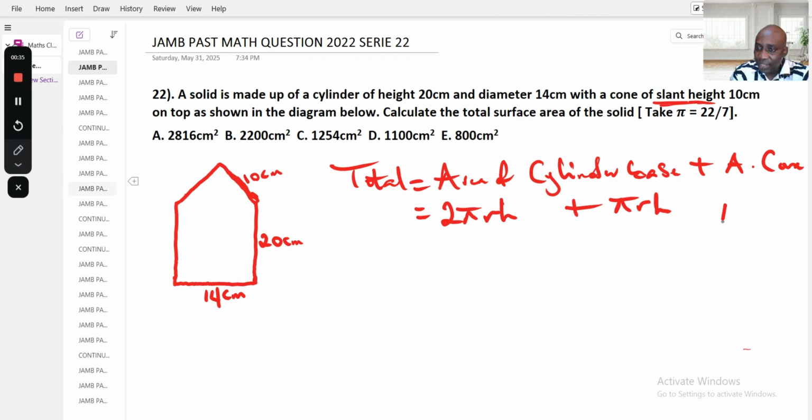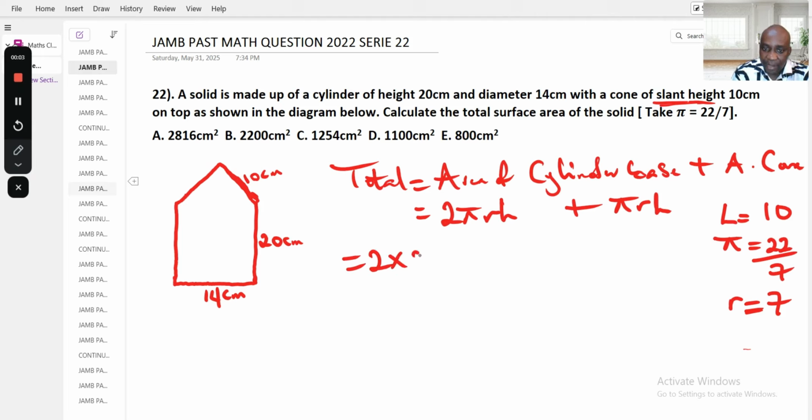Now, let's apply the formula here. This L, what did I say it represents? It represents 10. The pi, we know is 22/7. What is our radius? The diameter is 14. Half of the diameter is 7, which is the radius. Now, 2 multiplied by pi, 22/7.